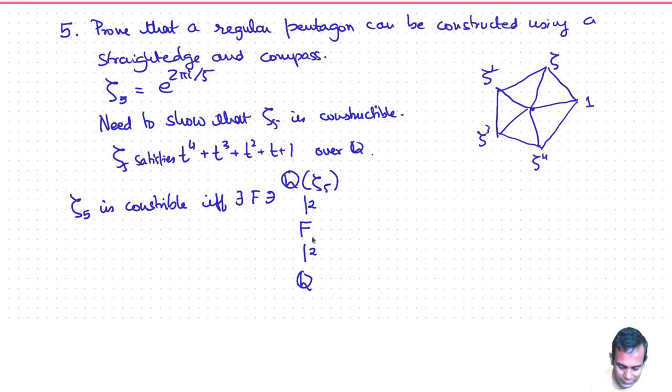In this field, since this is a quadratic extension, zeta 5 would satisfy a quadratic polynomial over F. So what we would try to do is take this polynomial of degree 4 and see if we can write it as a product of two quadratic polynomials over some intermediate field. So we would have to factorize t to the power 4 plus t cubed plus t squared plus t plus 1.